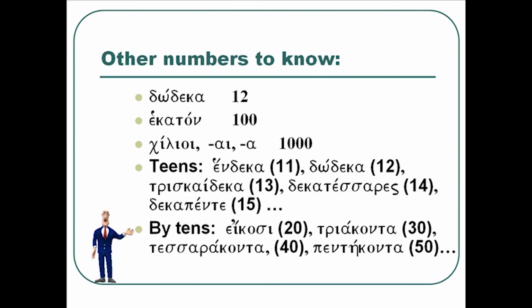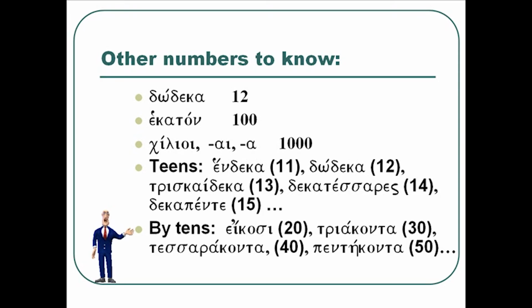Now to count by tens, we have ekousi, which is just a weird form, simply means 20. Triakonta is 30. You can see 3, and then kanta will be our like 10 by 10, so 3 tens is 30. Tessarakanta is 40. We have our tessera 4, and then kanta.